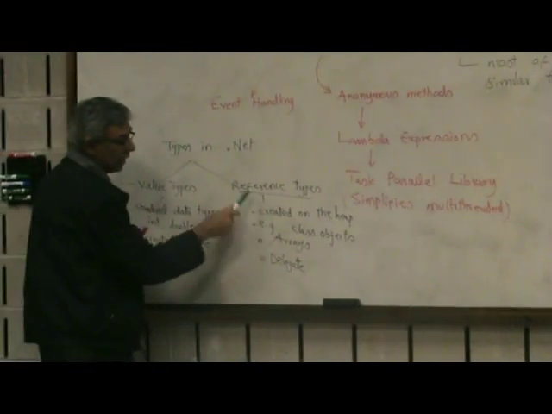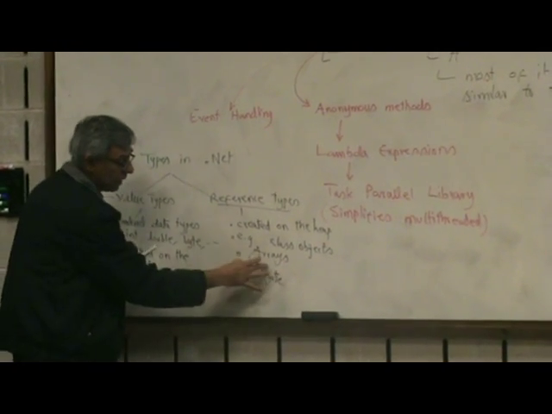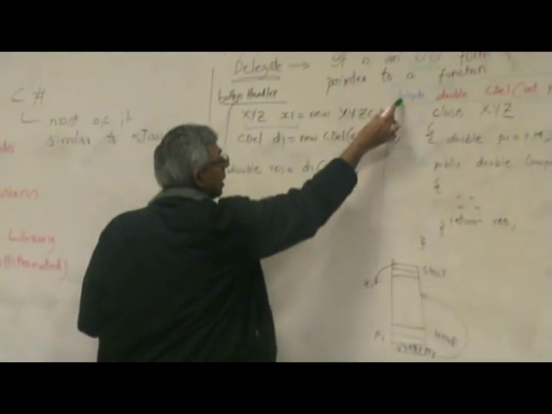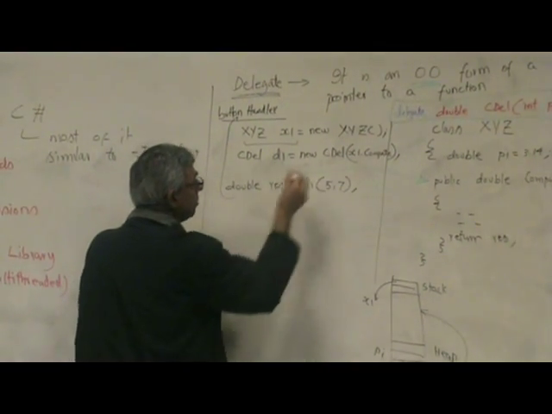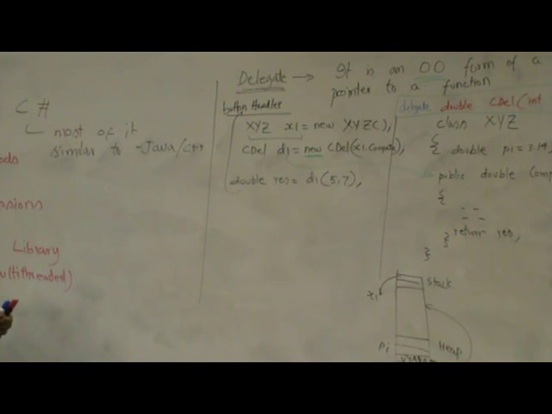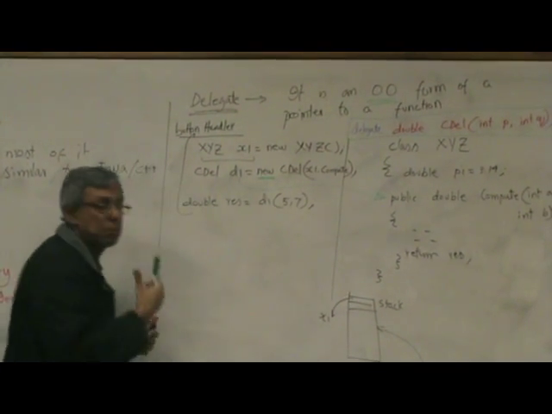Delegate is a reference type, meaning once you want to use it, you have to create it on the heap. So take a look over here. Once we declare the delegate, we use the new keyword, correct? So that we can allocate the memory for it on the heap. And the constructor for delegate cannot be left blank.